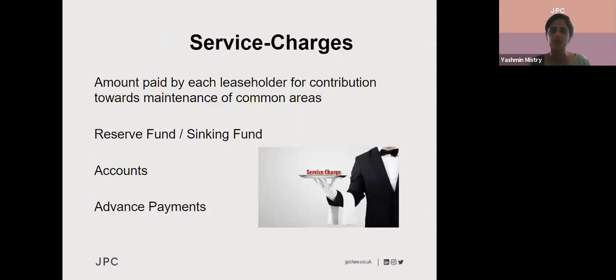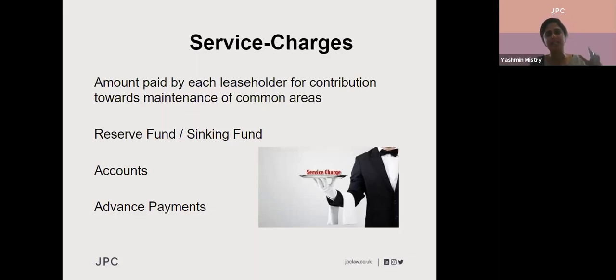Again, it's different to ground rents. Service charges are essentially the contributions that the leaseholders make towards the maintenance of the common parts. And it's really important to check your service charge provisions to see what can and cannot be put through the service charges. The leases should be clear on what you can and cannot put through. Things where we normally get asked are reserve funds and sinking funds.